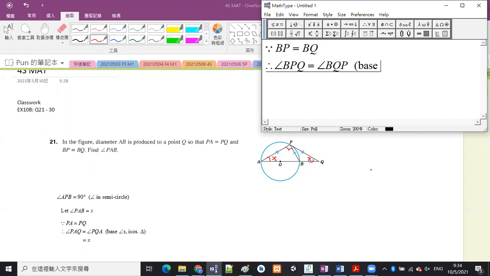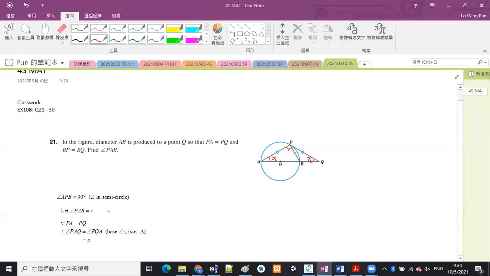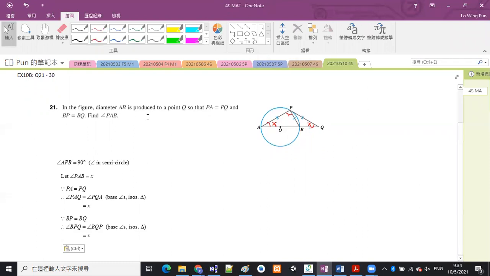This is base angles isosceles triangle again, and they are both equal to x again. Can you see this? So this one is also equal to x. And then for the next step, we are ready to find the answer.